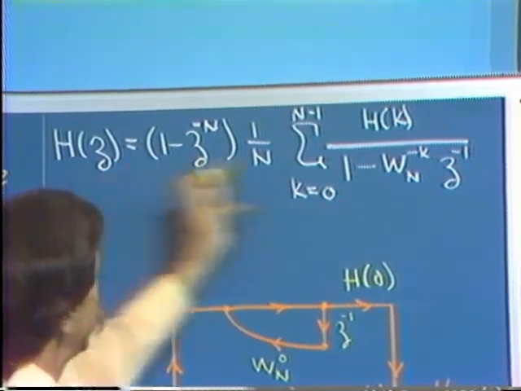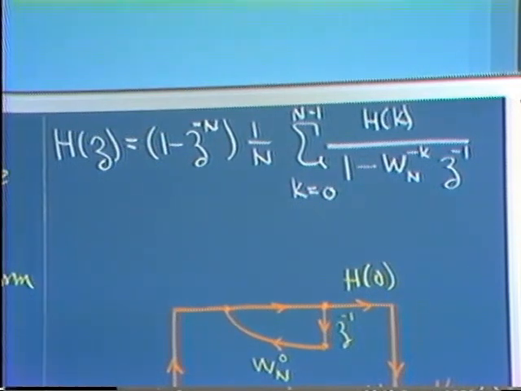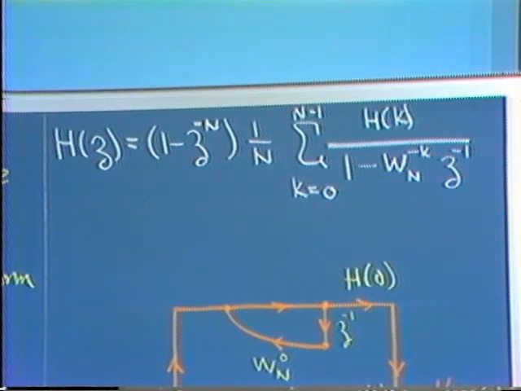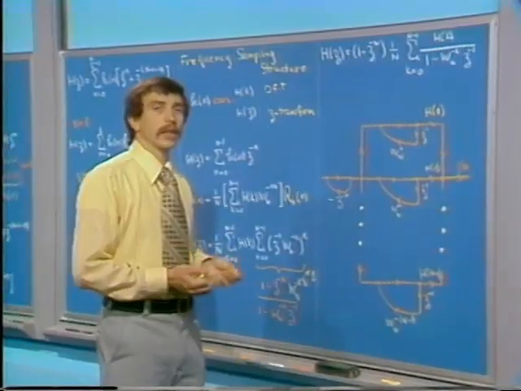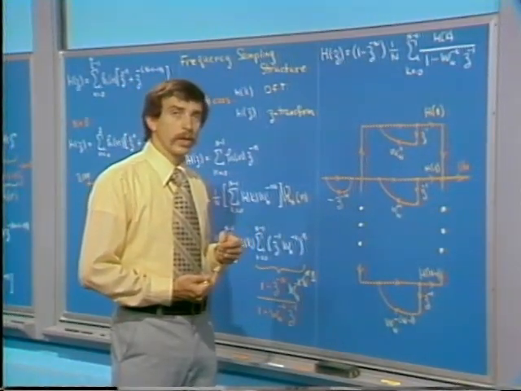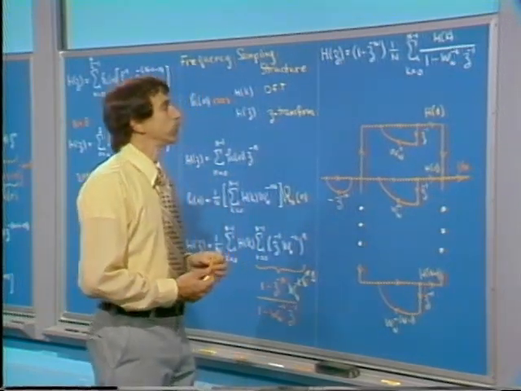And so this is an expression for the z transform of the system, or the transfer function of the system, where the coefficients in that expression are the discrete Fourier transform values H of k. The discrete Fourier transform values, as we've stressed several times, in fact, are samples on the unit circle of the z transform.